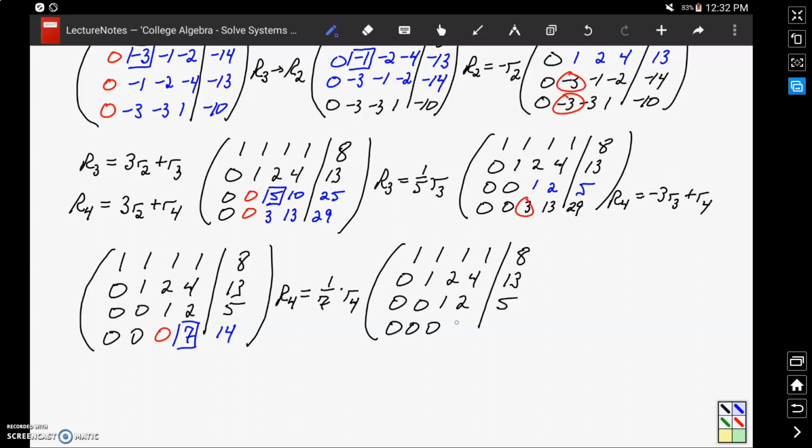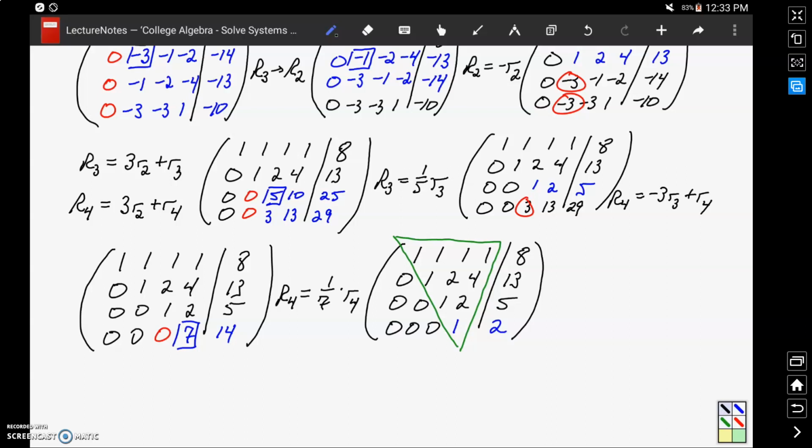So this will turn our 7 into a 1 and 14 into a 2, which gives us our resulting augmented matrix, in upper triangular form, that row echelon form, on the left-hand side of that vertical bar.